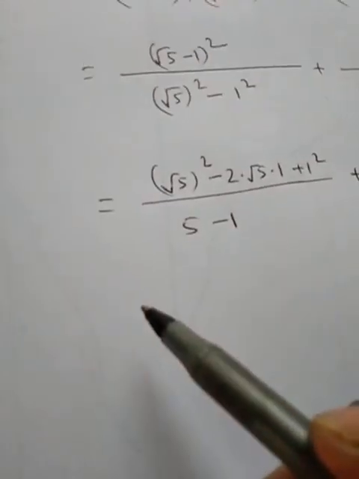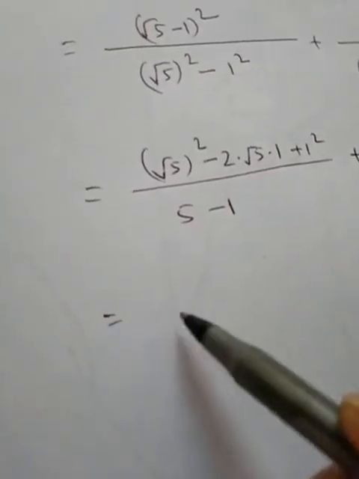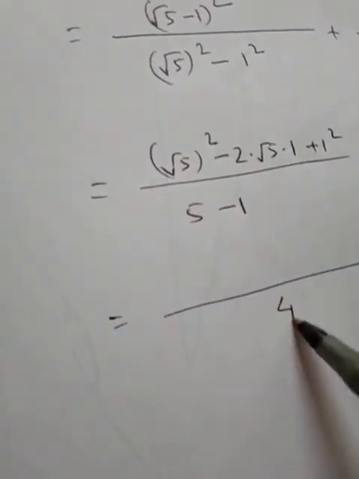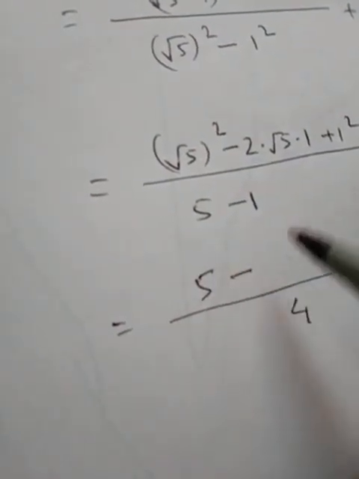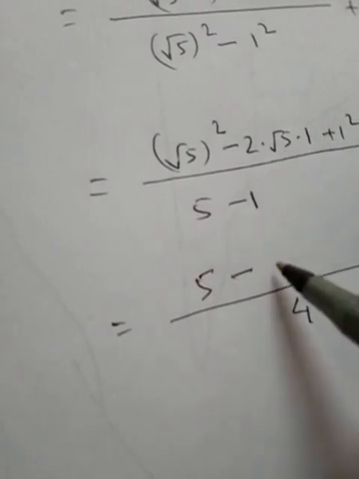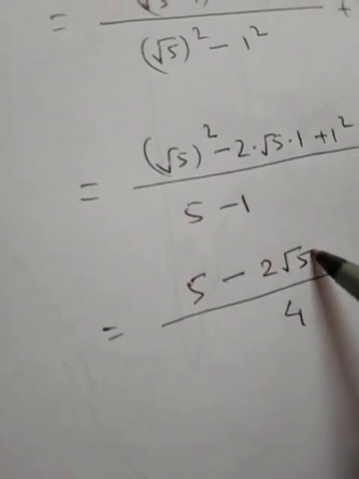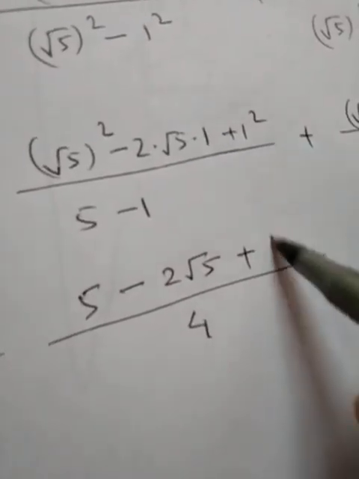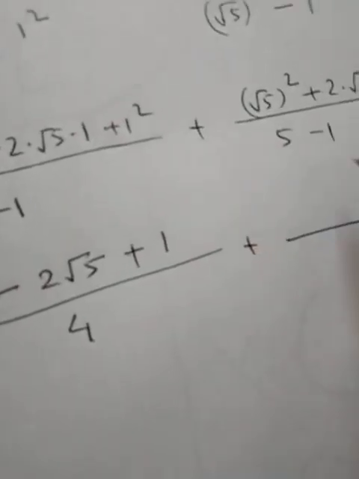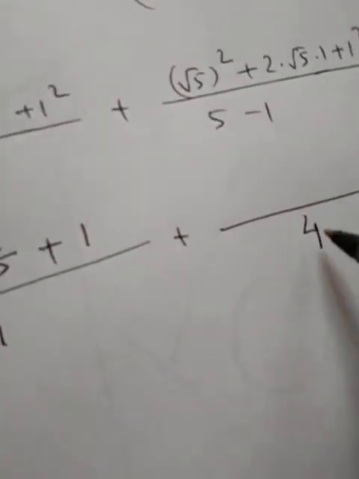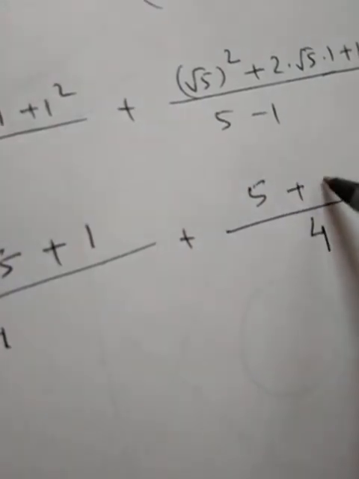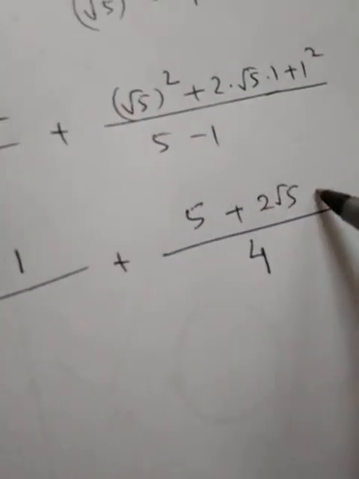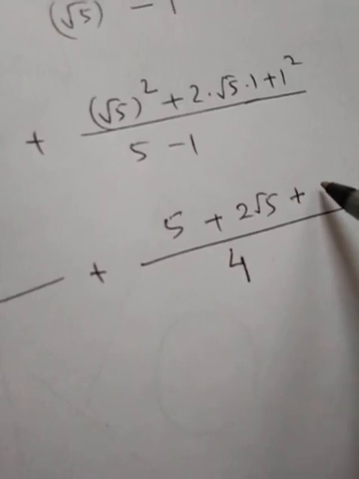Now in the denominator we can write here 5 minus 1, 4, here root 5 square, that means only 5, minus 2 into root 5 into 1, so directly we will write 2 root 5, plus 1 square is 1. Here also the denominator is 4, root 5 square is 5 plus 2 root 5, and here it is plus 1 square, that is 1.